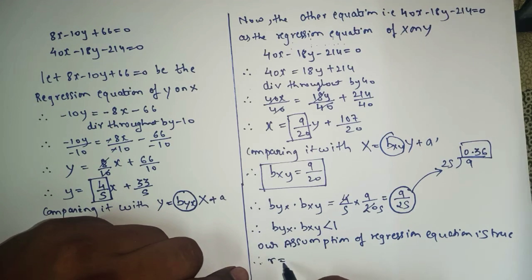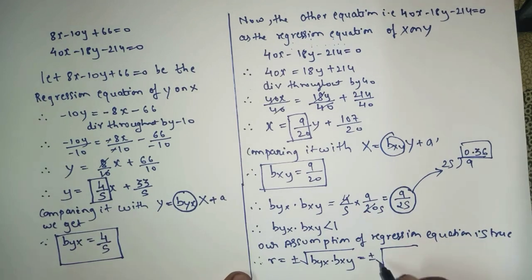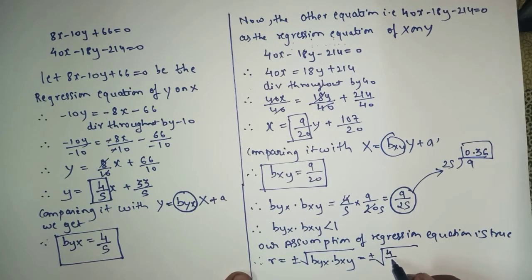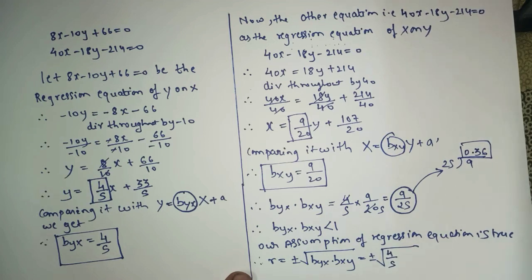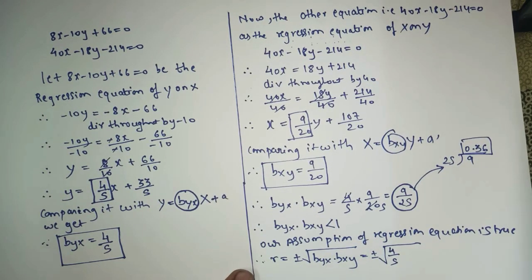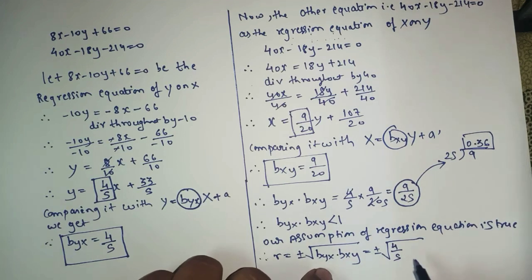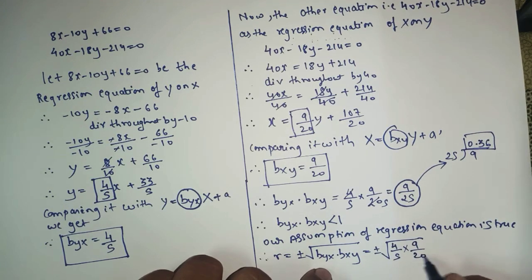So the next step is, we can find the value of r. Here r equals plus minus square root of byx into bxy. byx is 4 by 5, yes or no, 4 by 5, and bxy is 9 by 20.